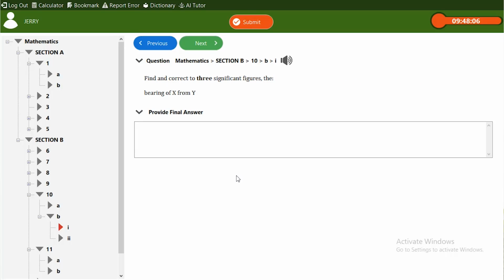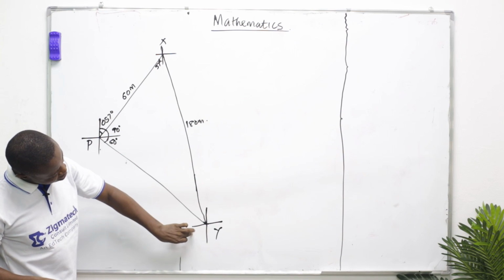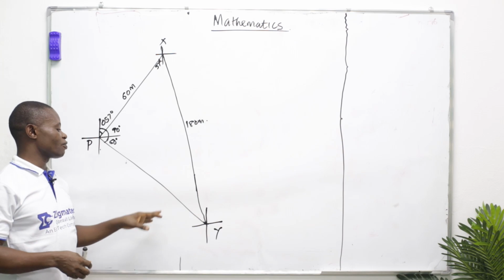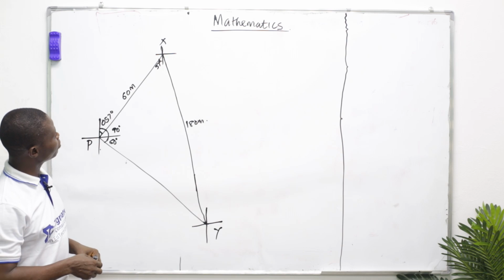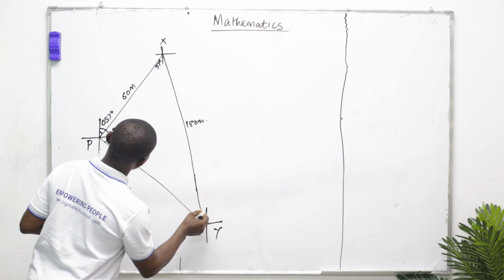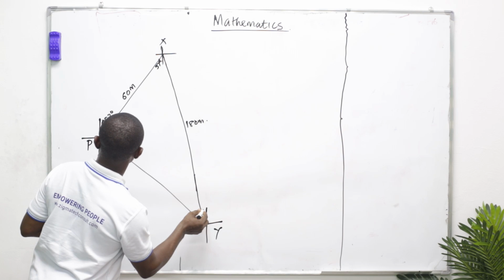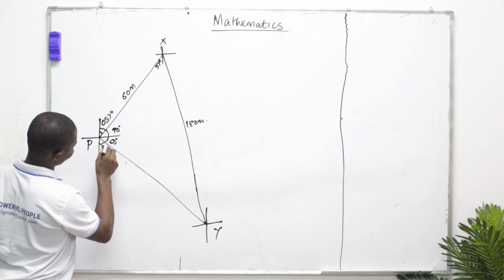Find, correct to three significant figures, the bearing of X from Y. Bearing of X from Y. But one thing you should recognize here is that the final bus stop ended at the fourth quadrant, and the fourth quadrant has business with 360 degrees. So you have to be careful of whatever you are solving. If I decide to call here, there is a small angle here called 30 degrees.